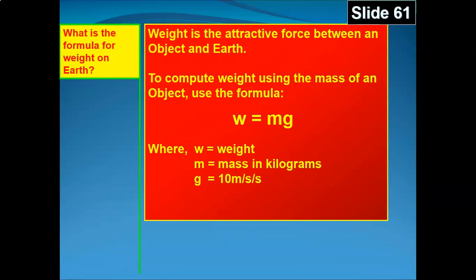You notice that follows the same form as F equals ma. If W, weight, is a force, m is the mass of the object, and g is acceleration, then that's F equals ma. That formula really is equivalent to F equals ma, but it applies specifically to the Earth's gravitational acceleration, and we call the force the weight.